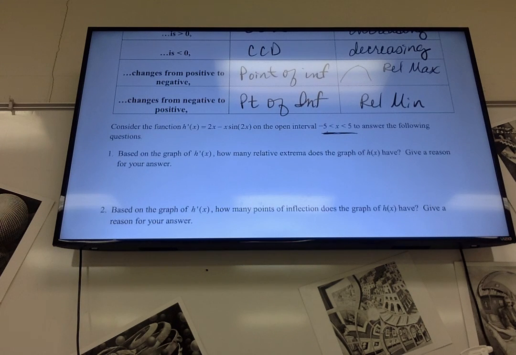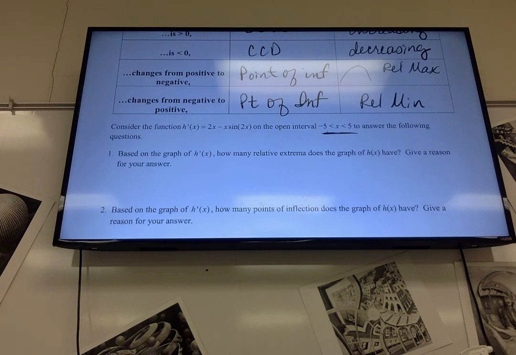So, based on the graph of h prime of x, think about what it tells us. How many relative extrema does the graph have? For h of x, I would look at maxes and mins when it crosses the 0.